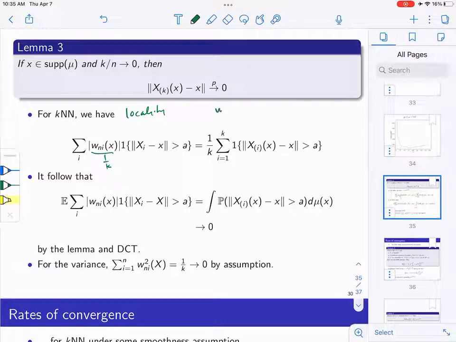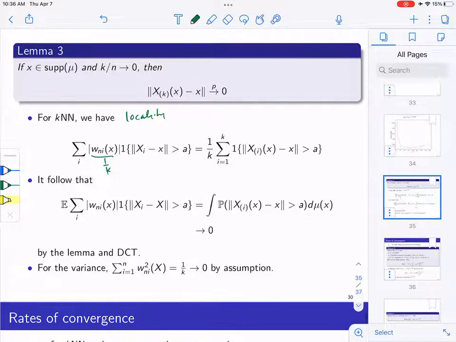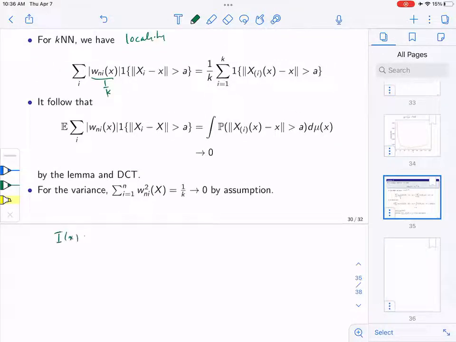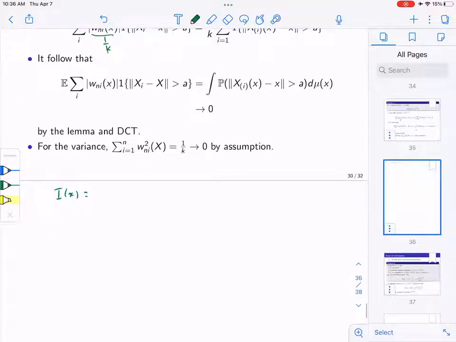So let's say w_ni of x is 1 over k. It's hard to write it, but if I want to try to write it, maybe let's define I_x to be the set of all i such that xi is among the k nearest neighbors of x.